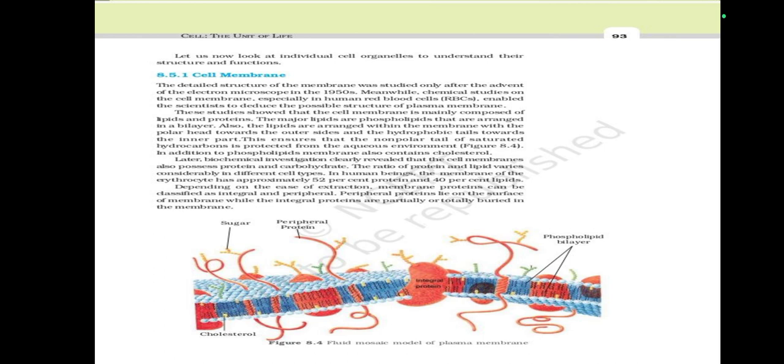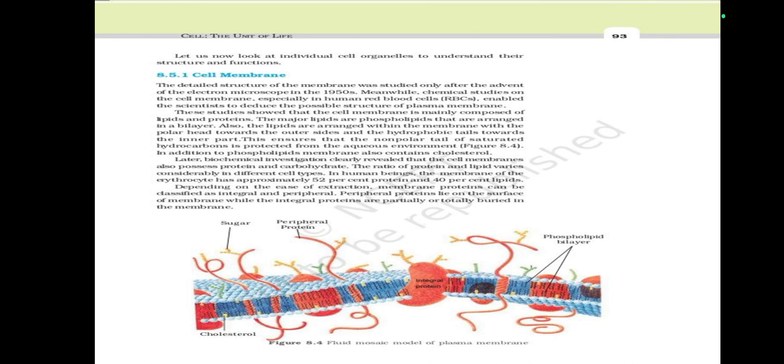These studies showed that the cell membrane is mainly composed of lipids and proteins. The major lipids are phospholipids that are arranged in a bilayer.